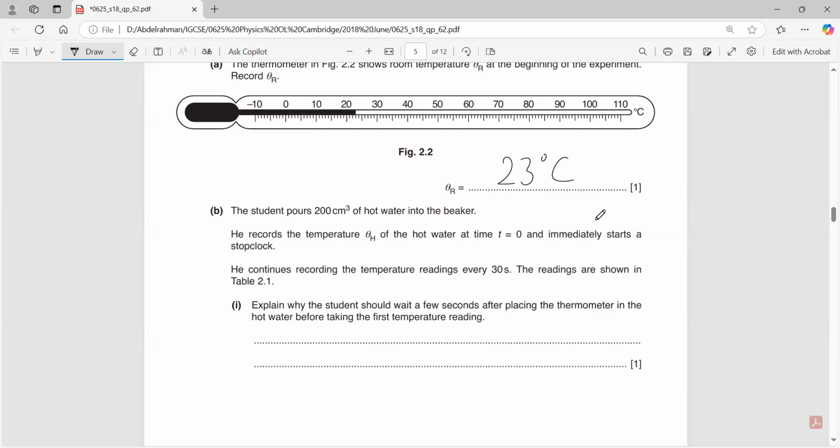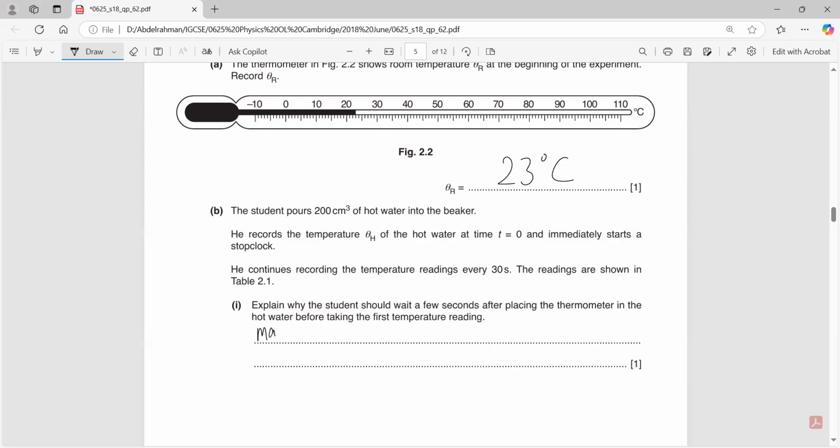In part I, he's asking: explain why the student should wait a few seconds after placing the thermometer in the hot water before taking the first temperature reading. This is one of the precautions we usually mention whenever dealing with a thermometer. We should make sure that the thermometer has reached the temperature of the water, because initially the thermometer is colder than the water, so you need to leave it in the water for a couple of seconds before taking the reading.